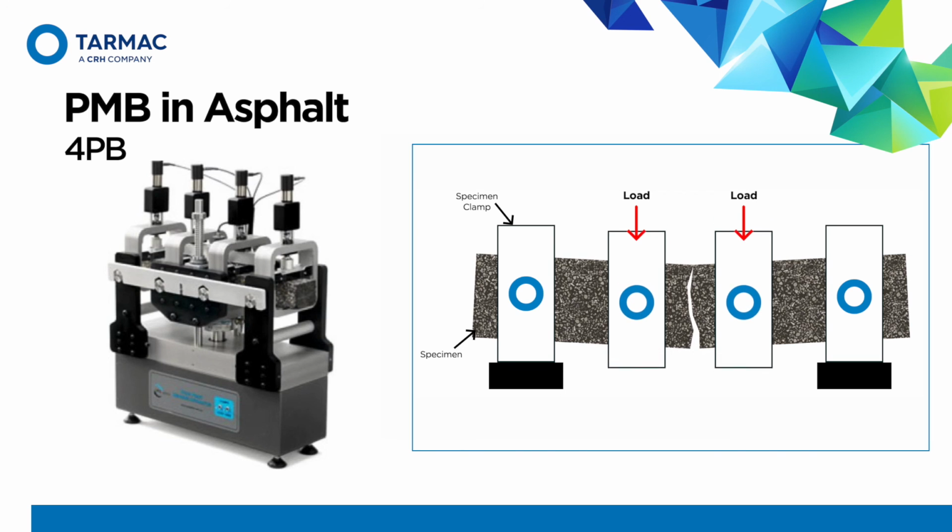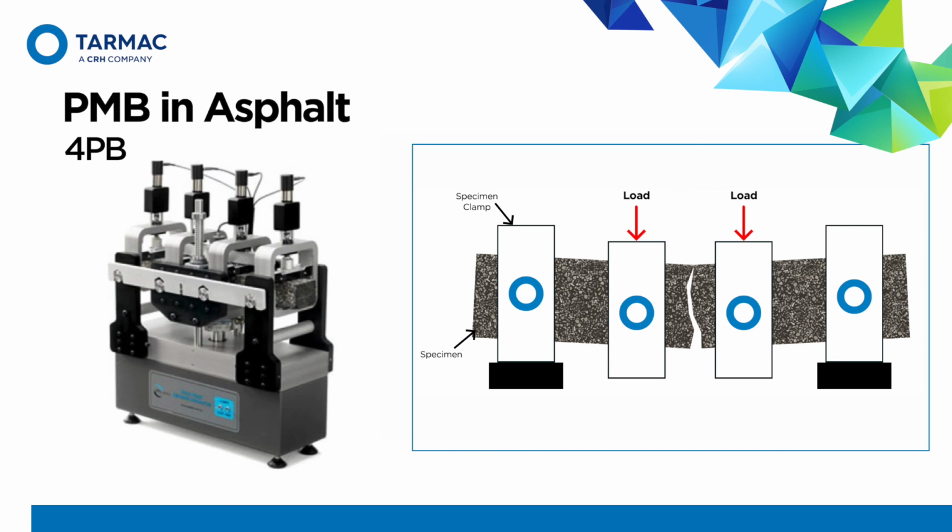This test simulates very well pavement fatigue failure under traffic loading, because repeated loading causes tension in the bottom zone of the specimen. Cracking will initiate and then propagate to the top zone until failure, which usually occurs in the area of constant maximum bending moment between the two inner clamps.